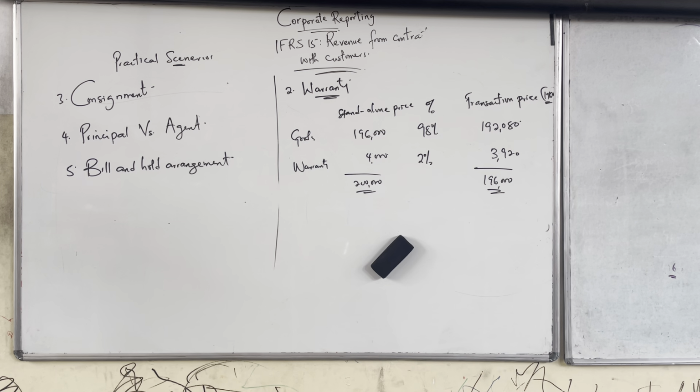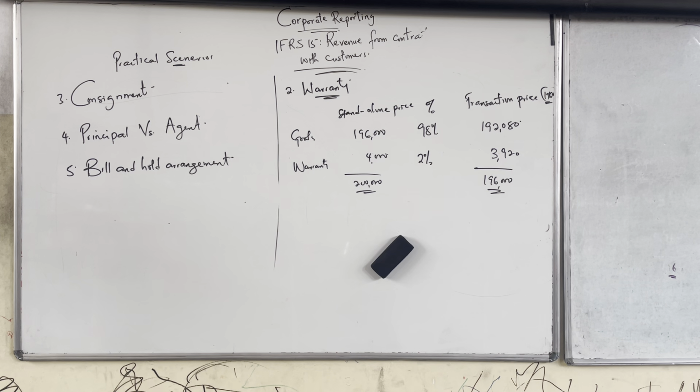it is a separate performance obligation. That warehousing service or custodial service becomes a separate performance obligation. So the key thing under bill and hold arrangement is that I've sold goods to you, but you said I should just keep it here in my warehouse for you.